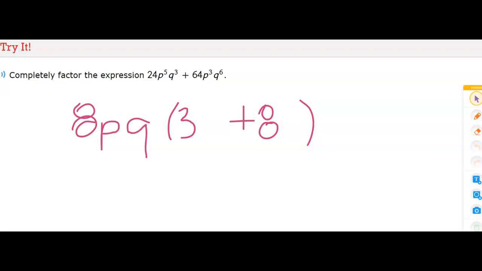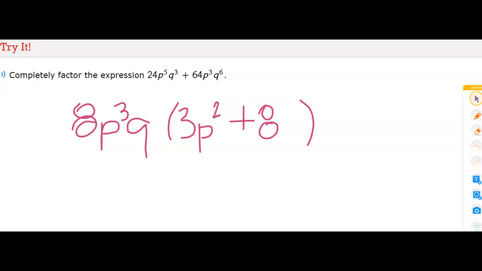And then we have to look at the variables. We have p to the 5th, and we have 3 there. So we could do p cubed and then have a p squared here, so that 3 plus the 2 equals the 5. Then we have q to the 3rd power, q to the 6th power.